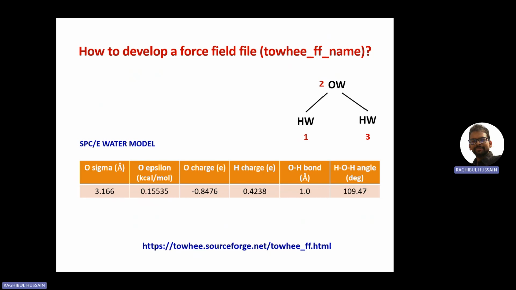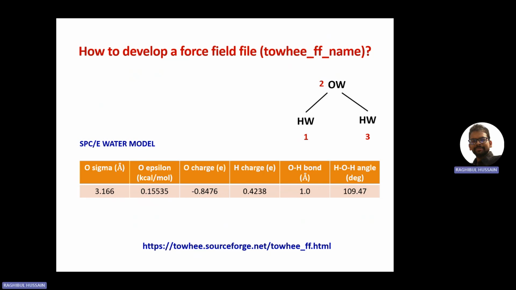So sigma of oxygen is 3.166 angstrom. For each molecule, you have to find this information from the literature. For your molecule, you have to do the literature search. For the standard ones, like water, this is available. For each atom, we need sigma and epsilon.